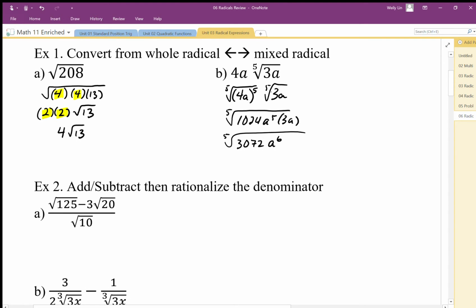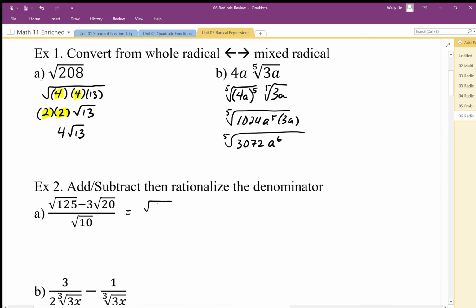Here, when we add and subtract, we can reduce these to lowest terms first if we like. One thing I would always suggest is, if you see a common factor that you can simplify, simplify that first and then do the other parts. So here there's a common factor of root 5, so I'm going to divide out that root 5.